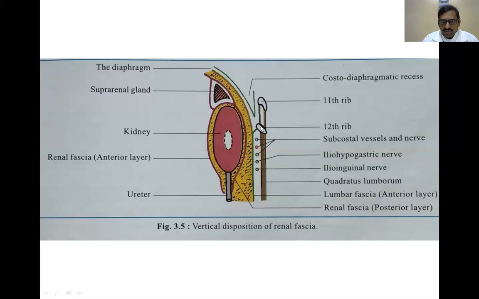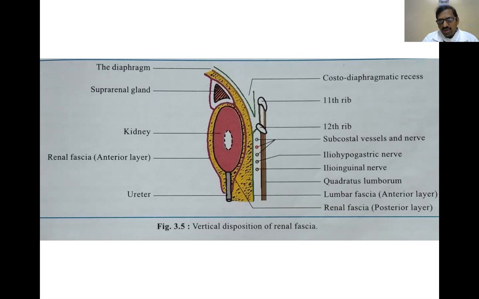During surgery, you must be very careful, because sometimes the 12th rib may be very short and by mistake you may count the 11th rib as the 12th rib. If you go into the pleural cavity, it is a very dangerous clinical condition. That is why the posterior relations of the kidney are very important.